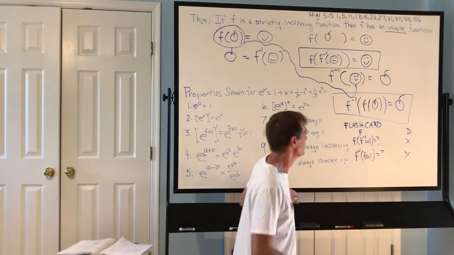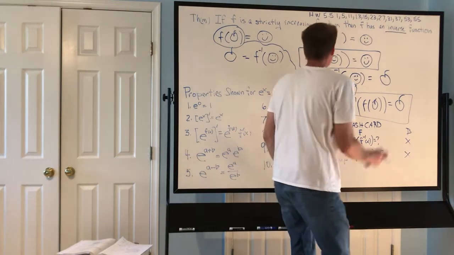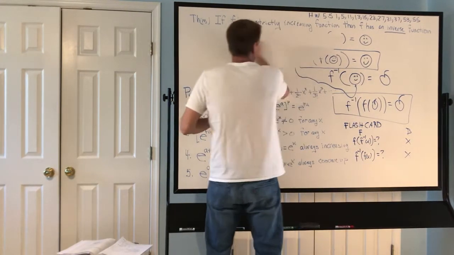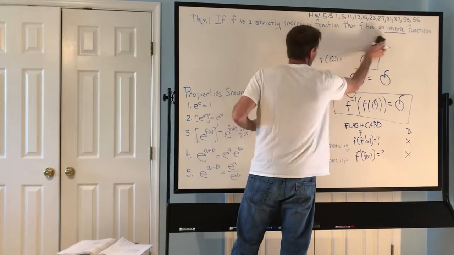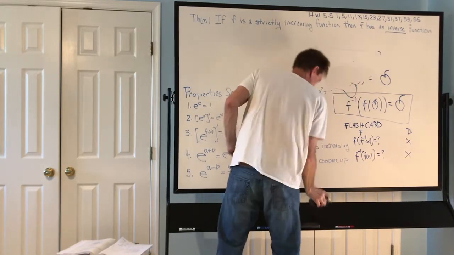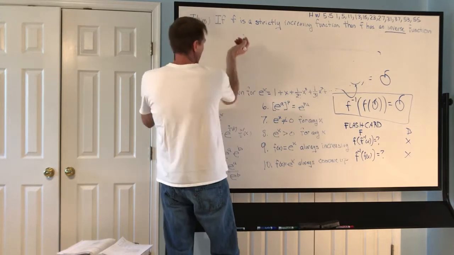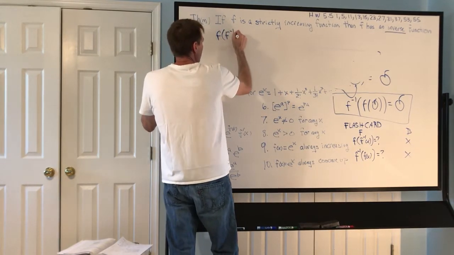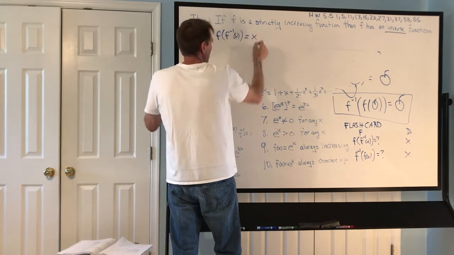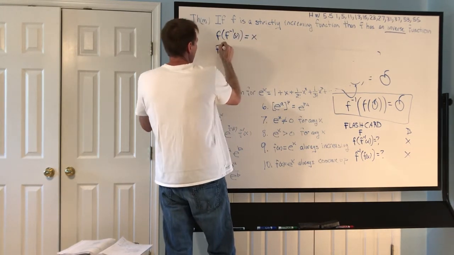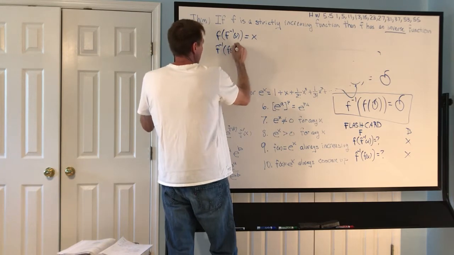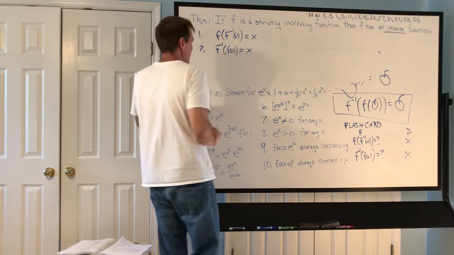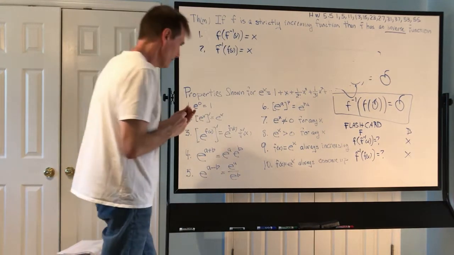These are two really important formulas, and we're going to need one of them, possibly both of them, today. So f of f inverse of x is equal to x, and f inverse of f of x is equal to x. So write those down while I erase the board.